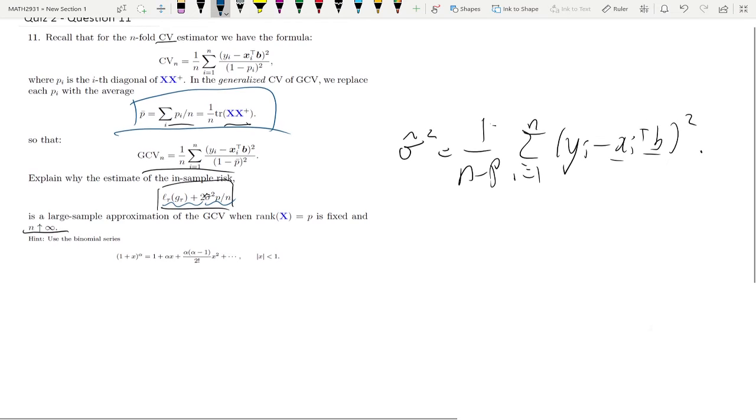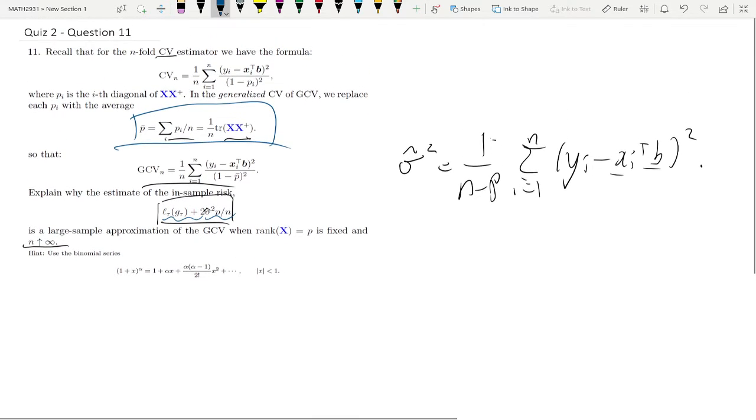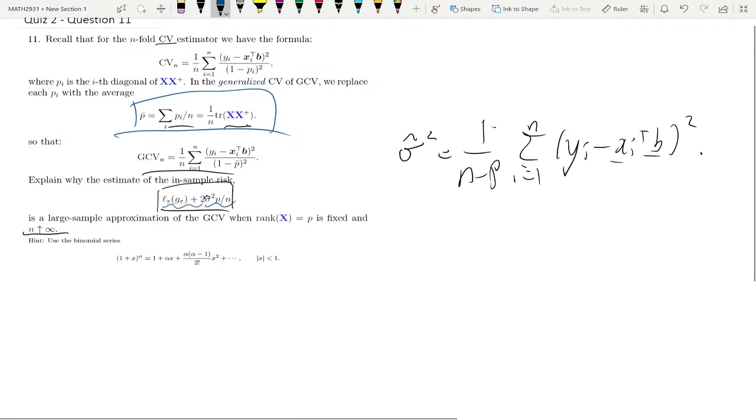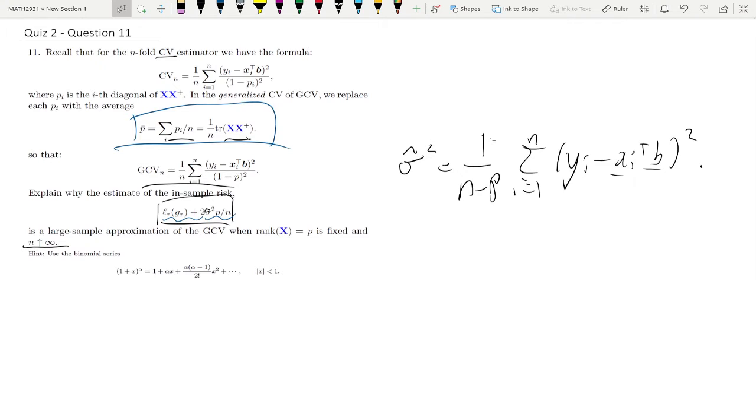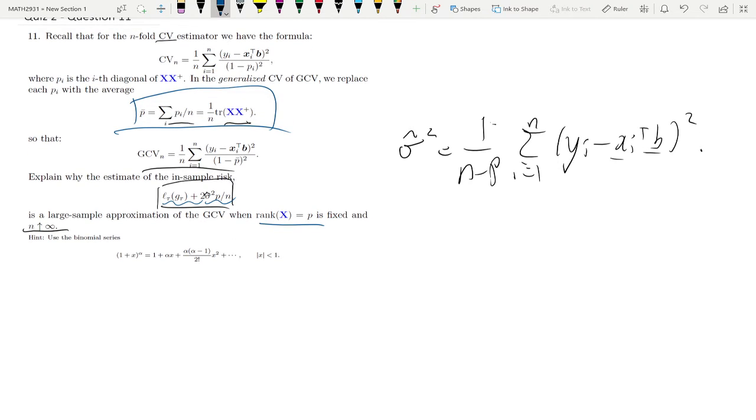Now, the first thing you should note, as you can see here, is that the rank of x is p, right? So that means the amount of leading columns it has is p. Essentially, since you see this rank and you see this pseudo inverse, the first thing that should come to your mind is SVD, right? Because that makes things a lot easier.